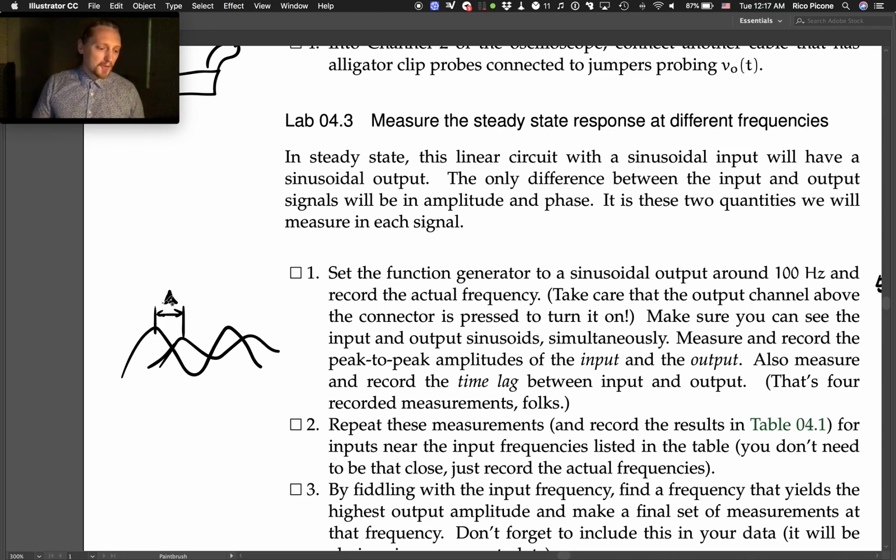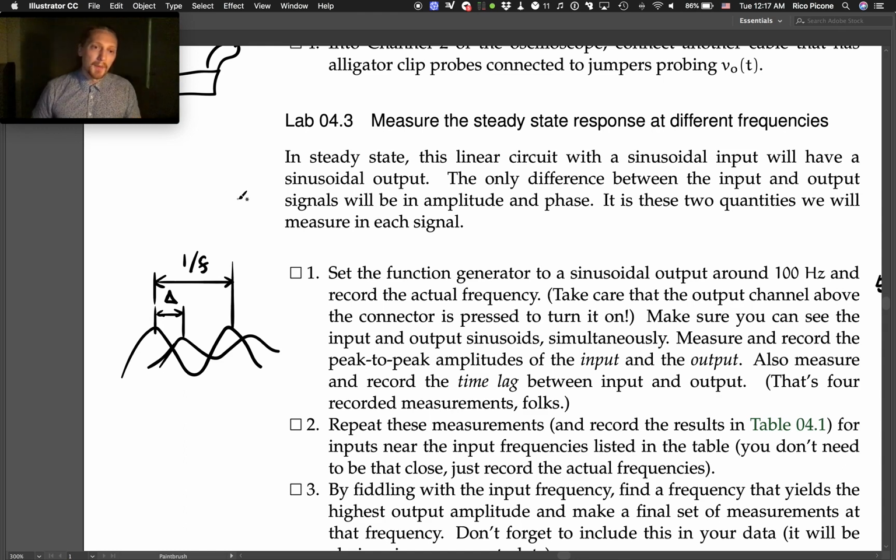You do that by measuring the period of the same waveform, from one peak to the next peak, and then you just take the inverse of that, the reciprocal, and you get the frequency. And then they should have the same frequency, so you don't have to do that for one of them.